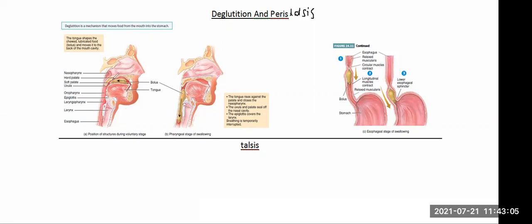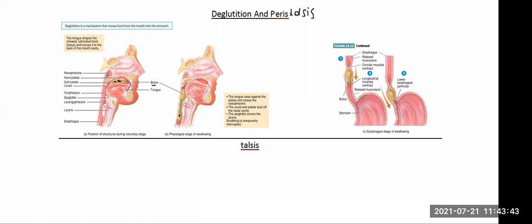If you look at these diagrams, you can see that when the food is in your mouth, this light green thing represents the bolus. When the bolus is in the mouth, before you swallow it, you have the uvula, and here you have the soft palate, and above the soft palate you have the nasopharynx, which is your nasal cavity.